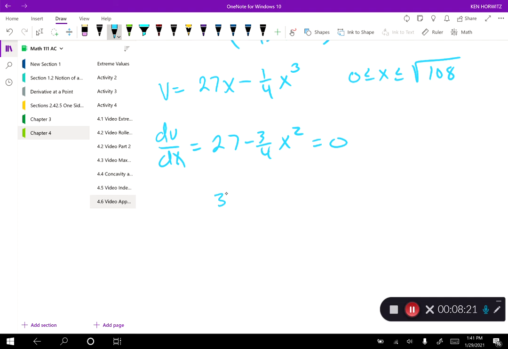Then 3/4 x squared equals 27, and multiply through by 4, so I get 3x squared equals, not 81, just kidding about that, 108. x squared equals 36, and x equals plus or minus 6.